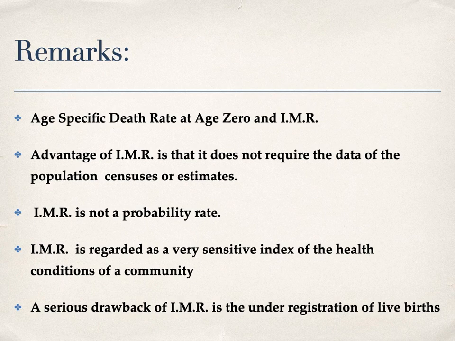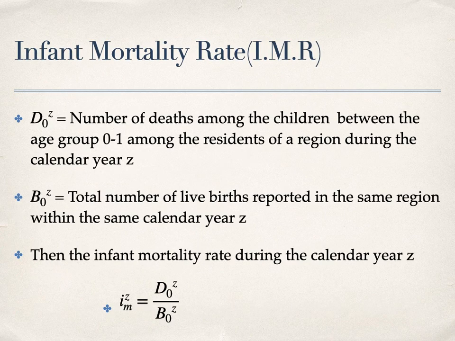But if we come to the infant mortality rate, as we have already told, in the numerator we have the number of deaths among the children between the age group 0 to 1 during the calendar year Z. So, all those children who die below the age of 1 in that calendar year are counted in the numerator, which is the same as the age-specific death rate, where the numerator is the same for both.